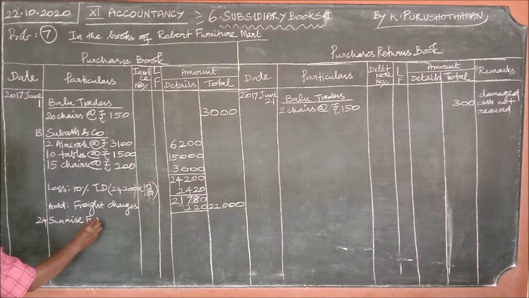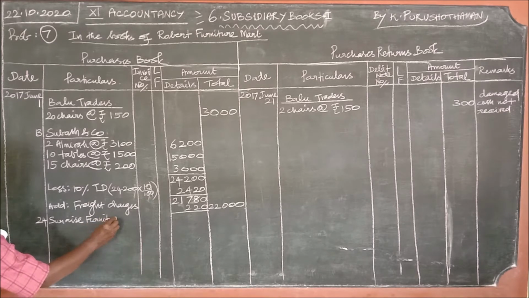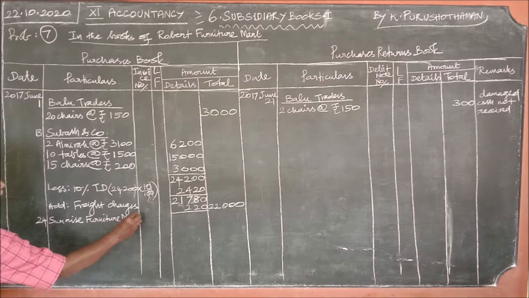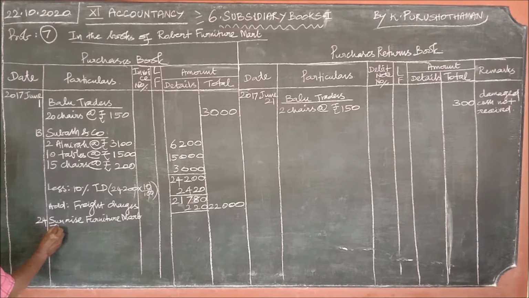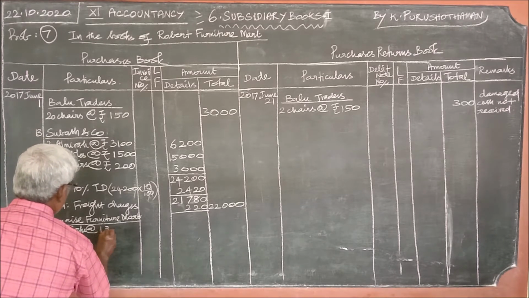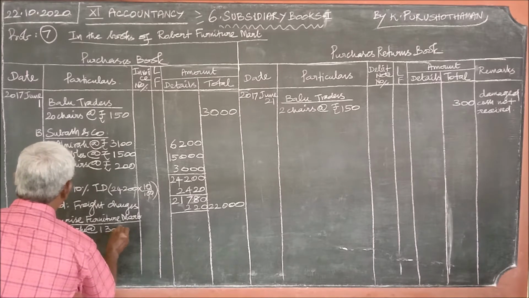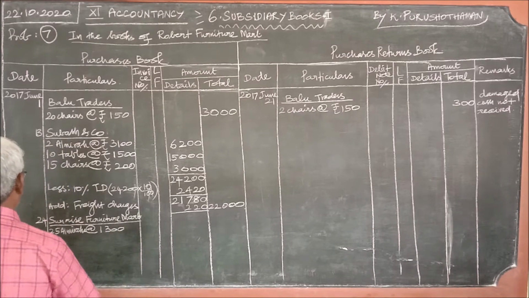Sunrise Furniture Mart. From Sunrise Furniture Mart, what was purchased? 25 almirahs at the rate of 1,300.